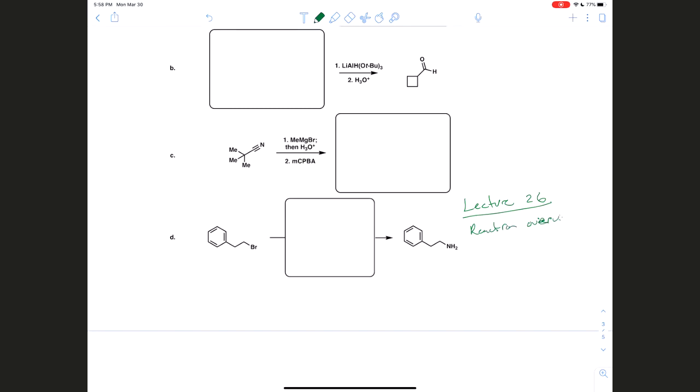It shows all the different ways to make primary amines from either primary amides. And there's 2 reactions that we learned in lecture 26 that would be very applicable for doing this interconversion.